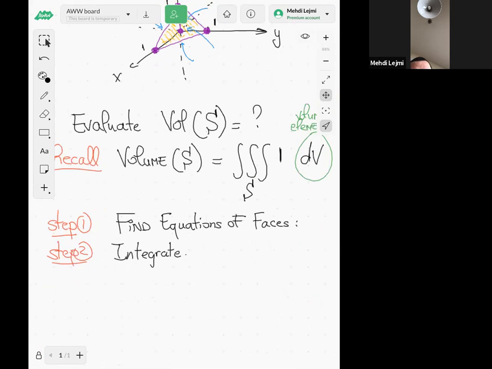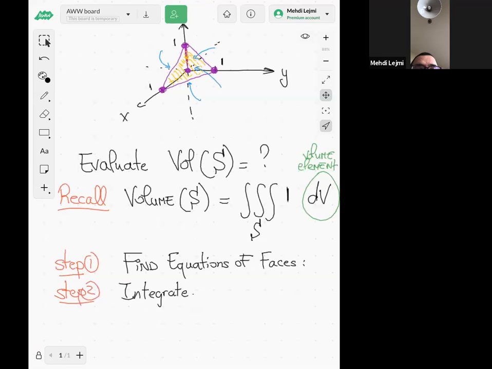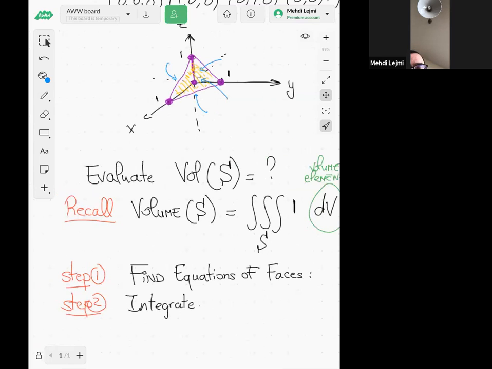First, we have to find the equations of the faces. As I said, the equations here are kind of straightforward, except for probably just one face. In the bottom of the tetrahedron, that's the XY plane.